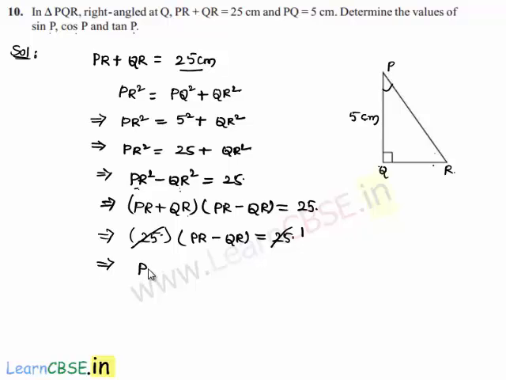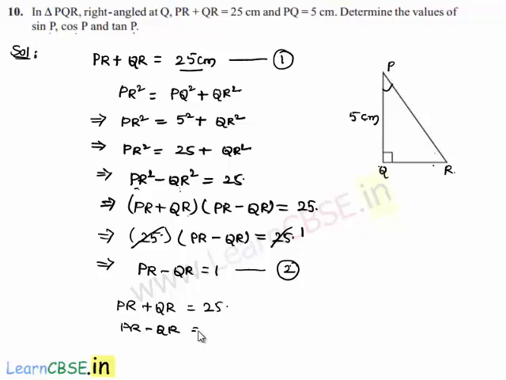That implies PR minus QR is equal to 1. Let us name the first equation as number 1 and the equation which we got as equation number 2.